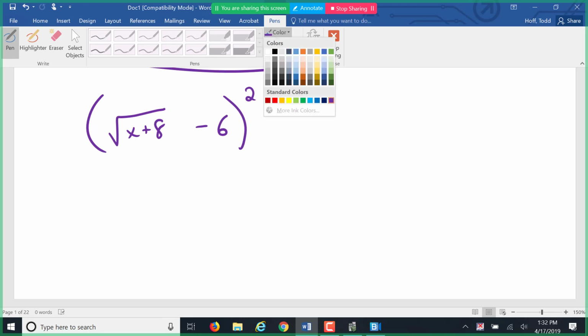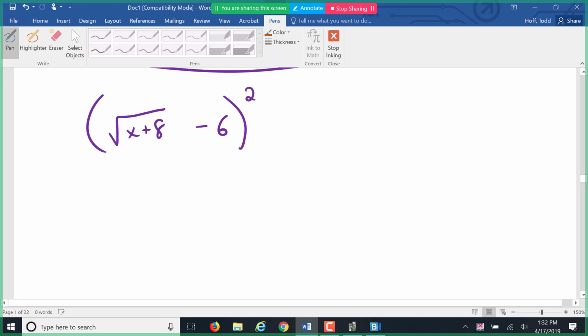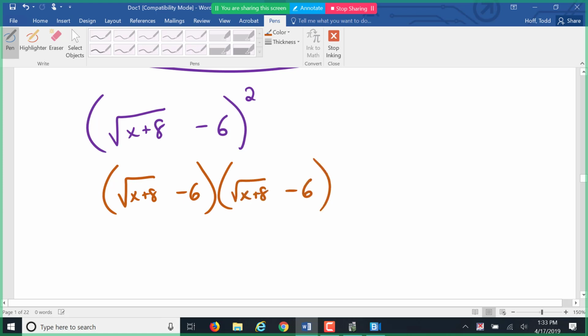Let's do something like this. Remember, all that's saying is the square root of x plus 8 minus 6 times the square root of x plus 8 minus 6.